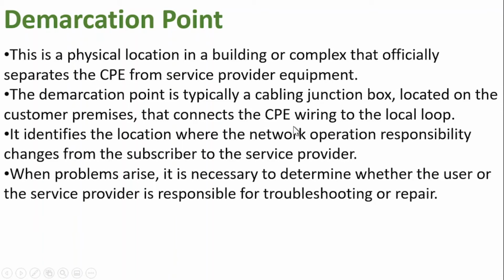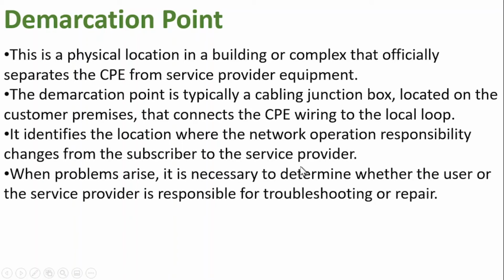From that box, we are connected to the local loop, where the local loop is directly connected to the central office where the switch is found. The demarcation point identifies the location where the network operation responsibility changes from subscriber to service provider.